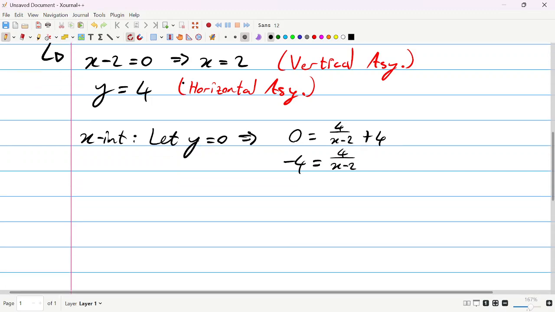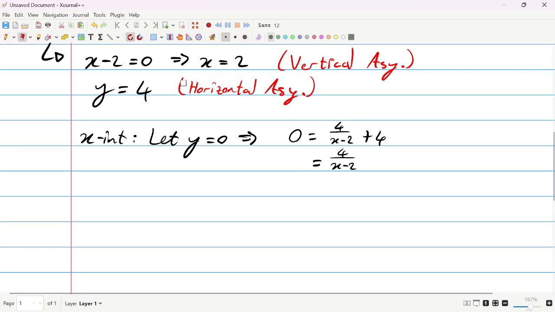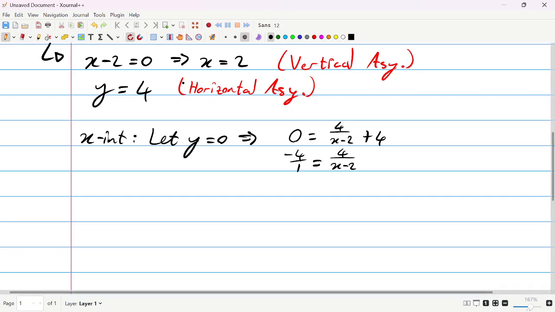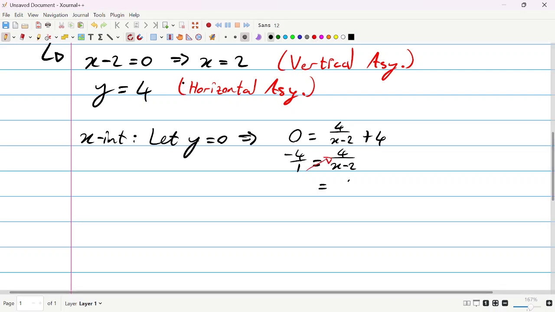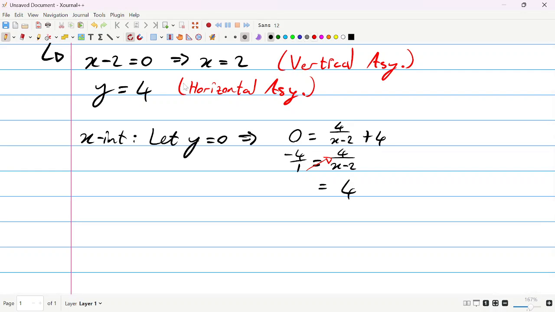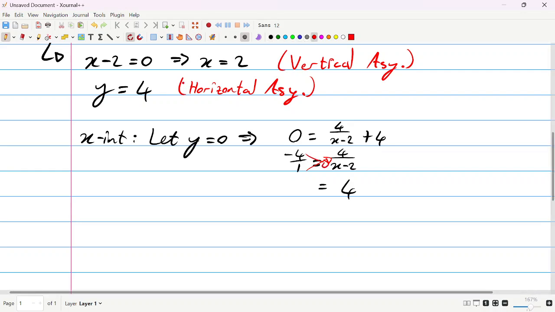But because this is an equation, we can rewrite negative 4 as negative 4 over 1, so that we can cross multiply, right? We multiply across, we'll have 4 times 1, which is just equal to 4. And then if we multiply across here, negative 4 times x minus 2, that would be negative 4 into x minus 2.